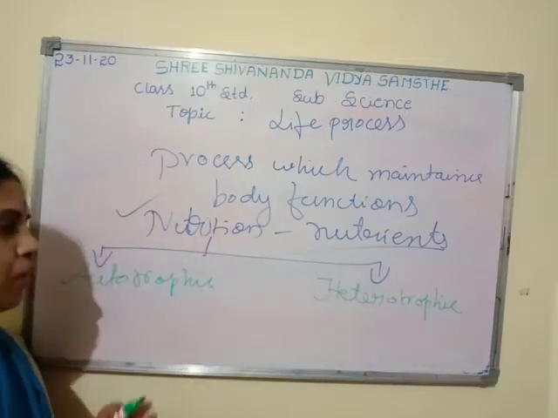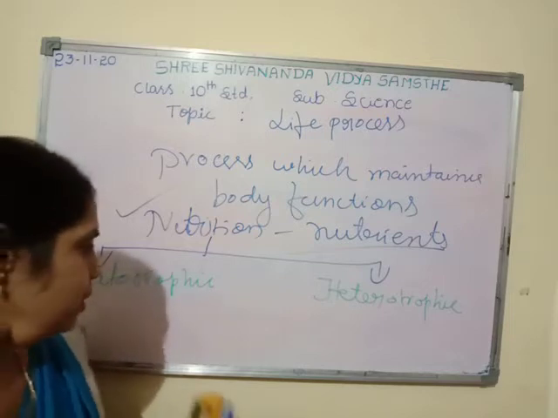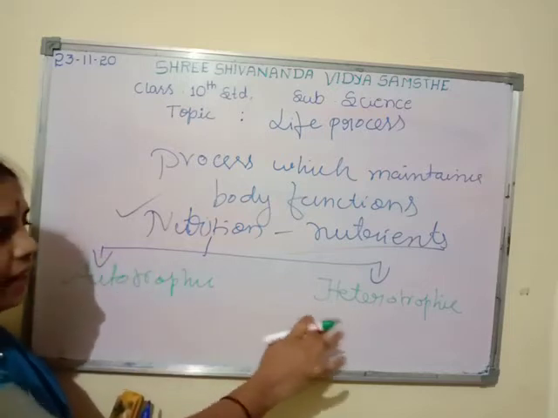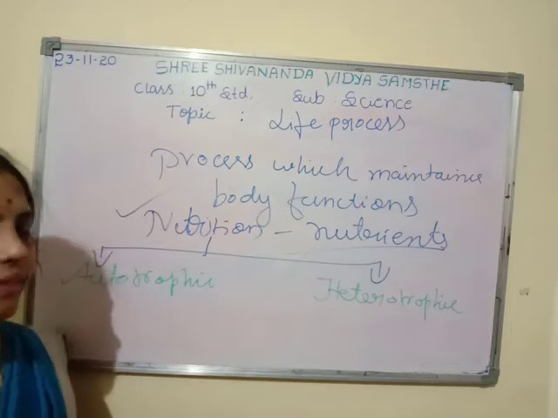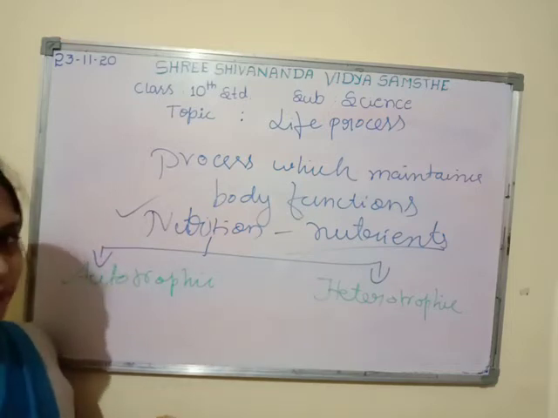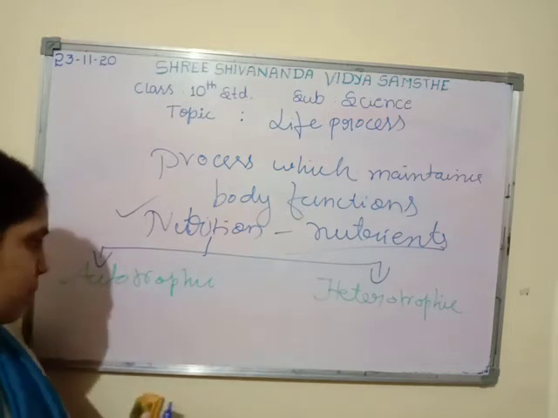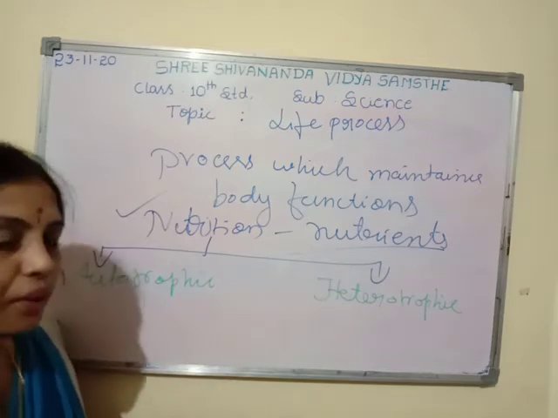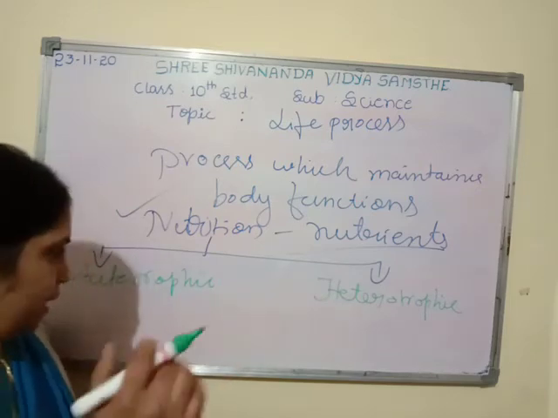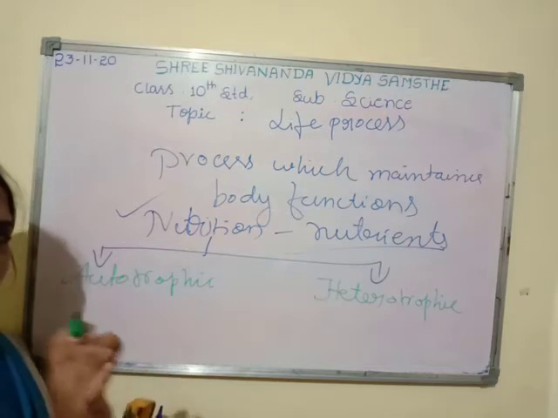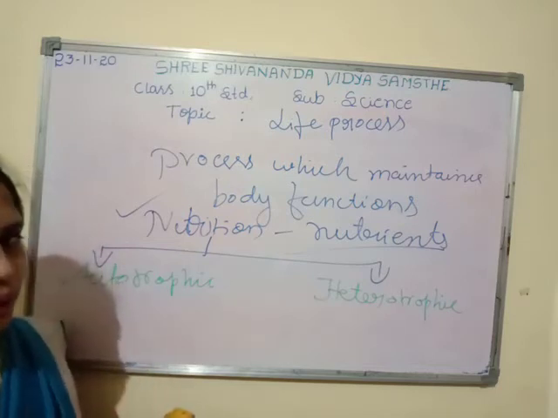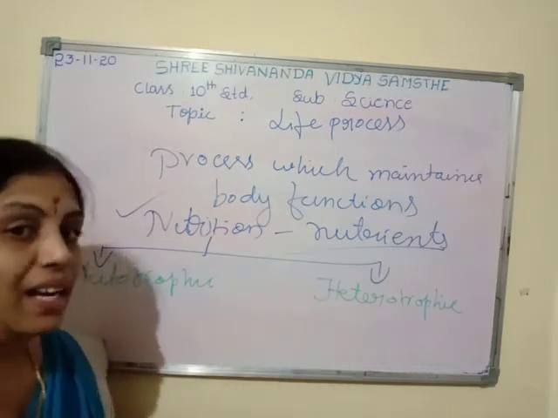You have already come across autotrophic and heterotrophic nutrition in 8th standard. Remember all those things. Autotrophs are nothing but plants. Heterotrophs are nothing but animals.